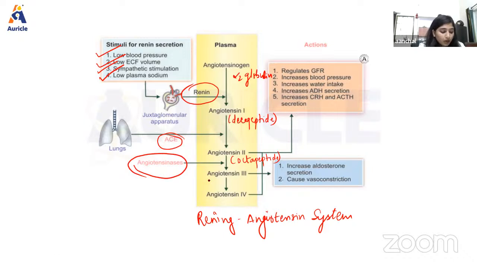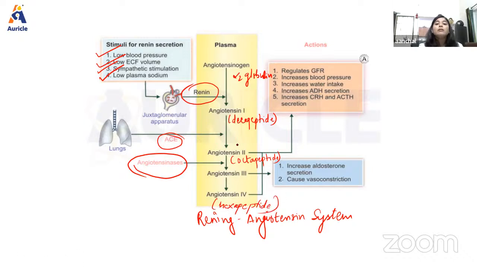Okay. Now, basically, this is present in RBCs and in the vascular beds of many tissues, right? Finally, this angiotensin 3 gets converted into angiotensin 4, which is a hexapeptide.